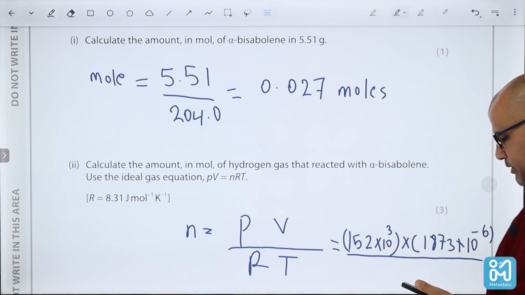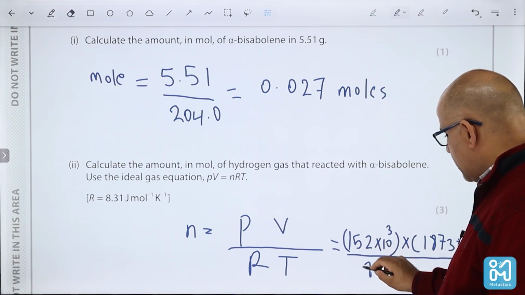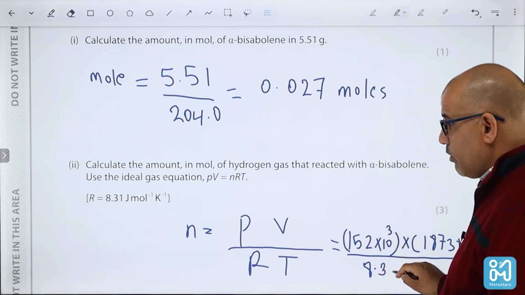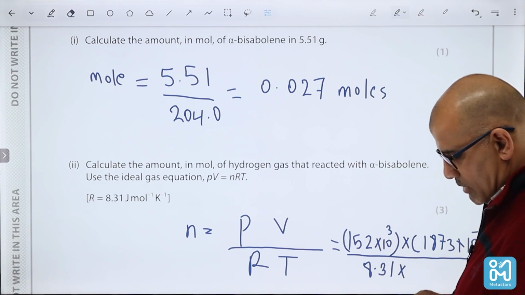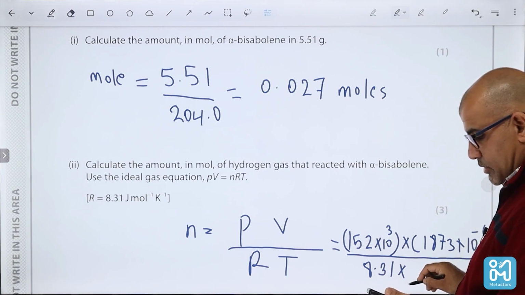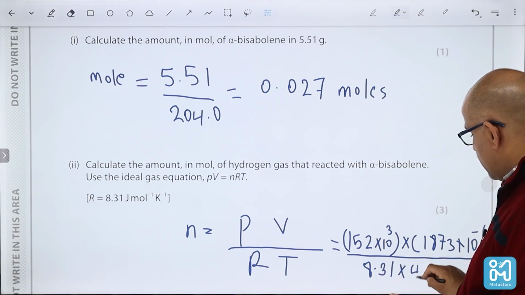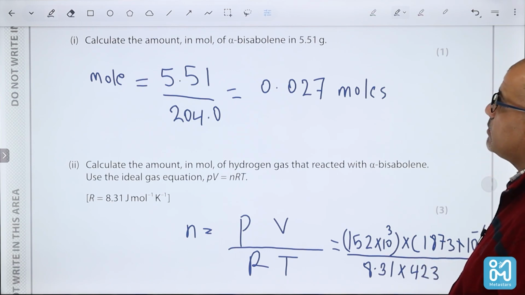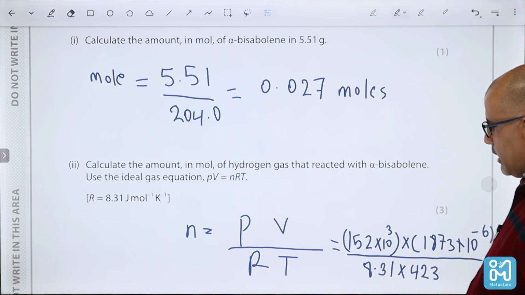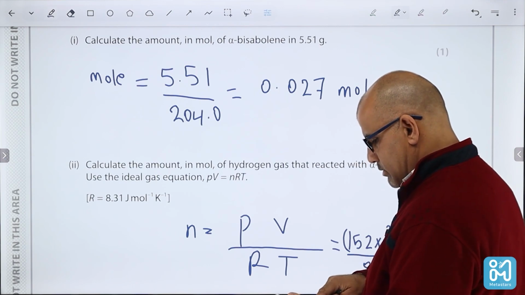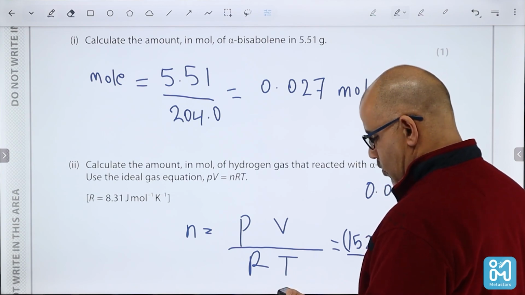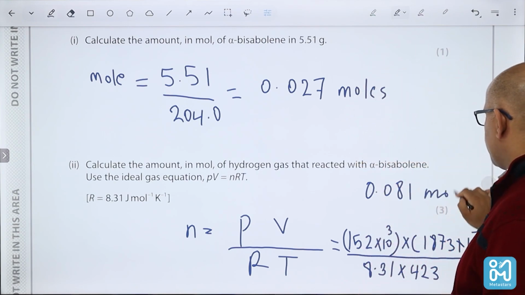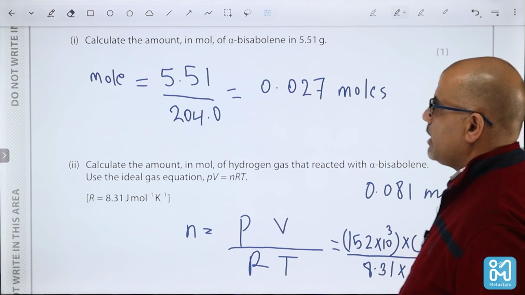This is over 8.31, which is the value of R, times the temperature converted into Kelvin, which is 423. And the answer is 0.081 moles. That's the answer.